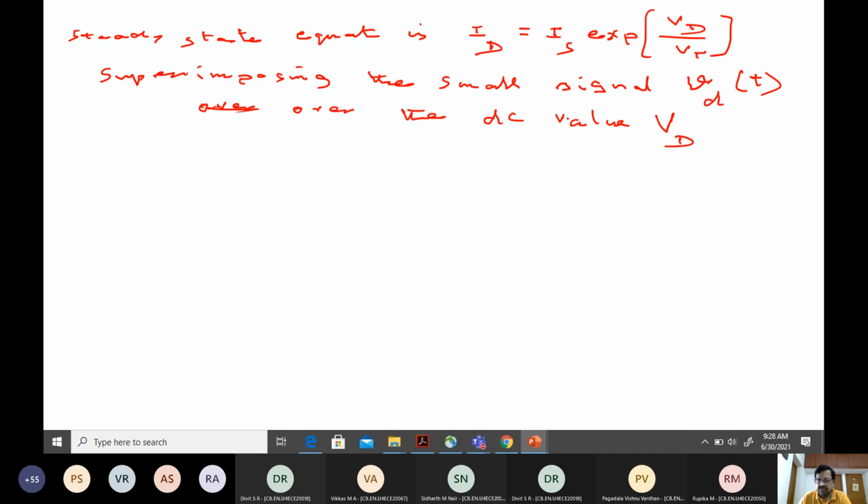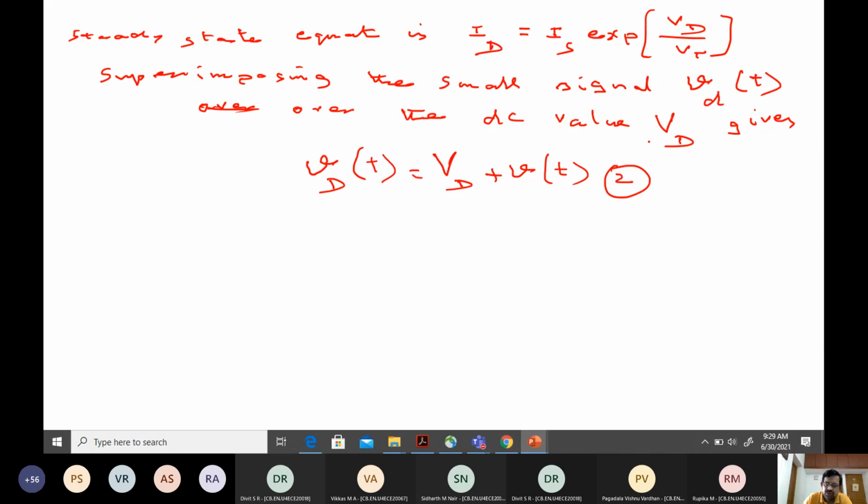It's not a function of time, that's why it is DC. This gives our equation: the voltage across the diode as a function of time is actually VD plus small v of t. It gives this equation. So with this, we'll substitute equation 2 in 1.